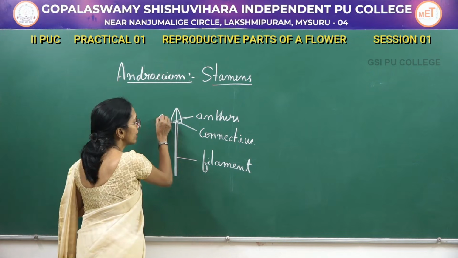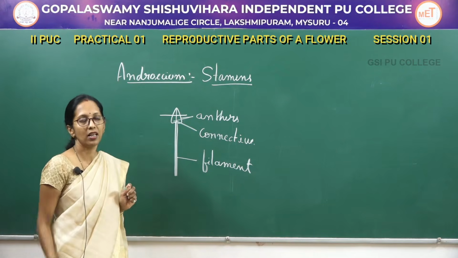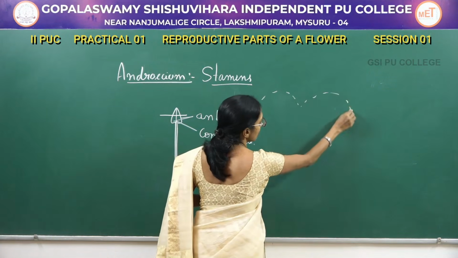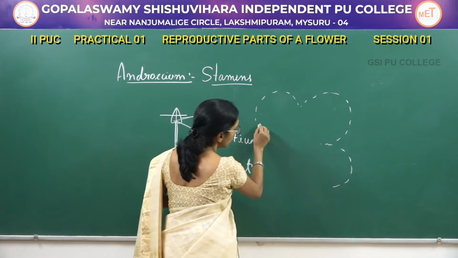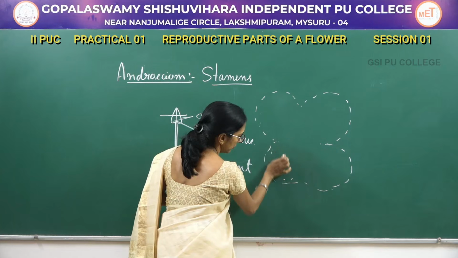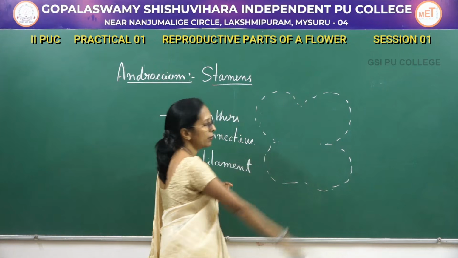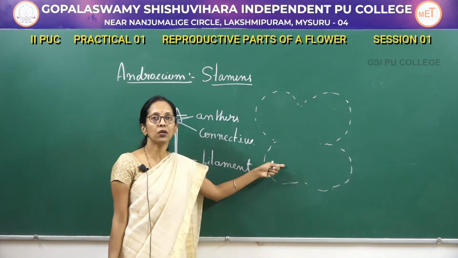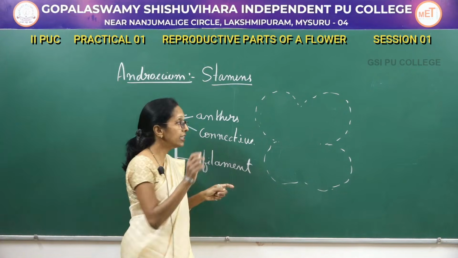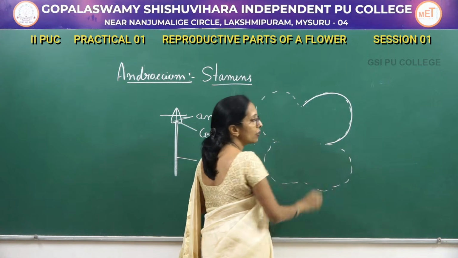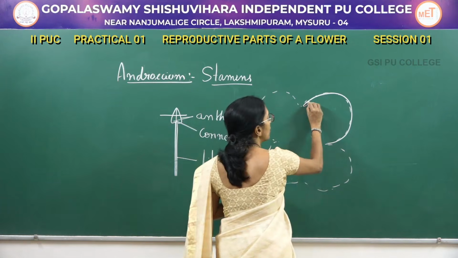Now, when we take a cross section or a transverse section like this, here you can see there are 4 chambers. These are nothing but microsporangia, and each microsporangium is covered by 4 layers.